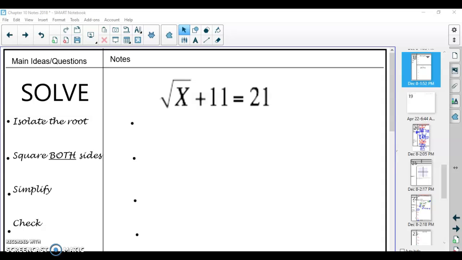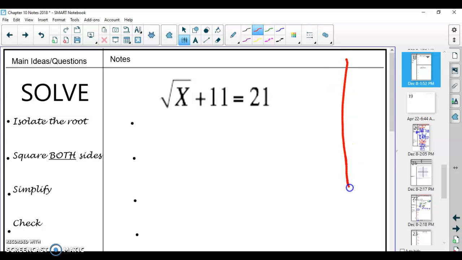Hey everybody, so we are now to the place where we are solving. There's actually an equal sign, so we're going to solve for what's inside the square roots. I just want to think way back to, like, 6th grade, where we would make do and undo charts. If you had plus, how do you undo plus?